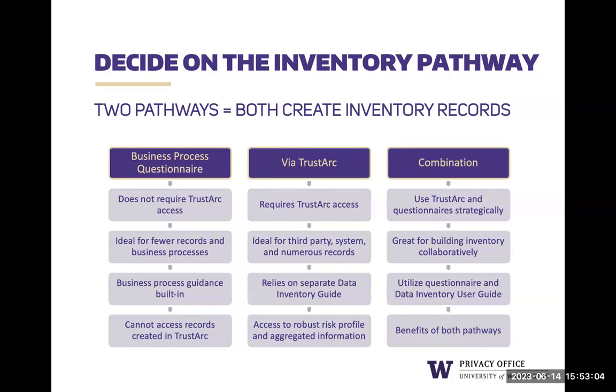It could, for example, make sense for individuals who manage IT units to have TrustArc direct access, and for individuals who are primarily responsible for business processes to use the business process questionnaires. You can also start with one pathway and change at a later date.